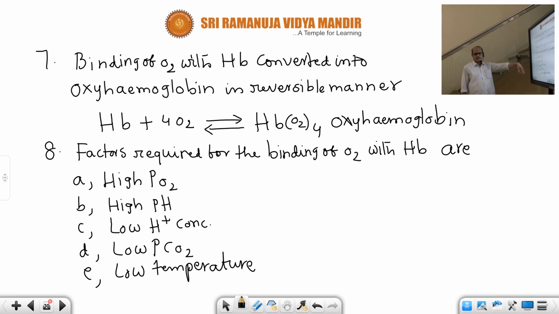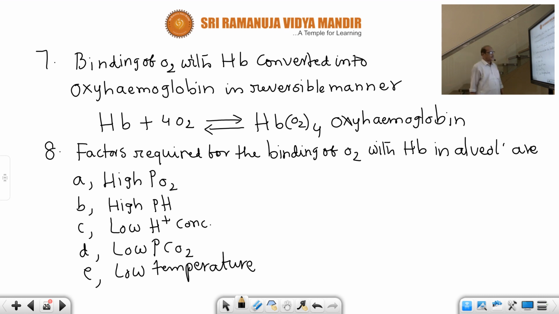Remember this statement type question, most important. It will occur in reverse in the tissues. So these are required in the alveoli for binding with hemoglobin. Better you say here, in alveoli. So that is the binding of oxygen with hemoglobin, thus oxyhemoglobin is formed.